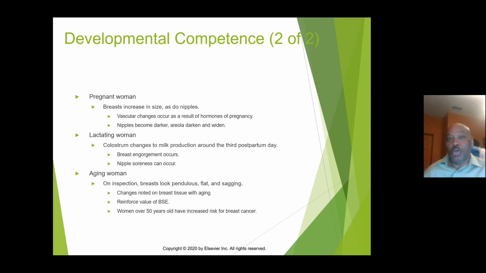Because estrogen is one of those hormones that some breast cancers really feed off of. Then, of course, it talks about women over 50 years old having increased risk for breast cancer.